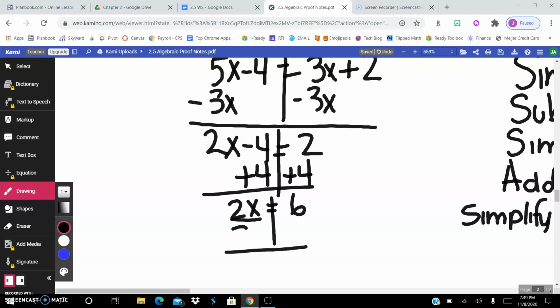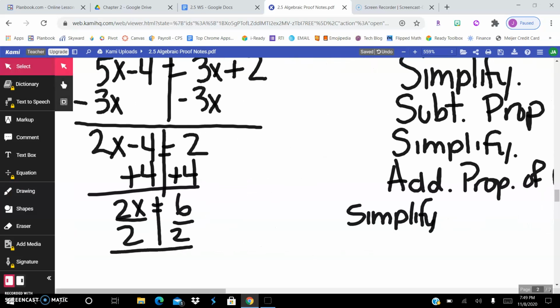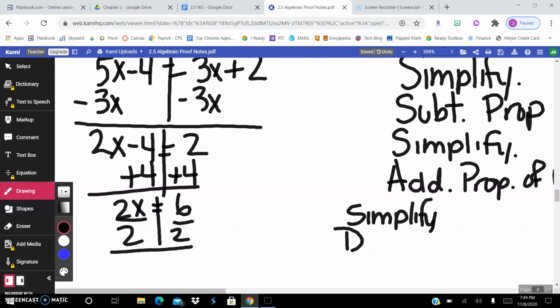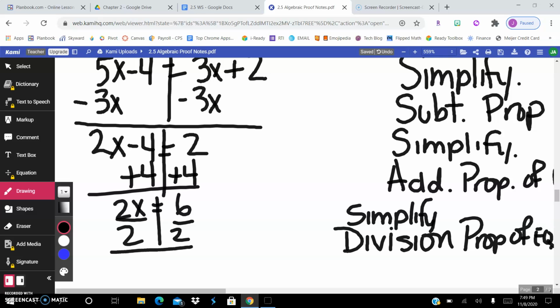And then we're going to divide by 2. So that would be division. And then we'd have x equals 3, and that's simplify again.